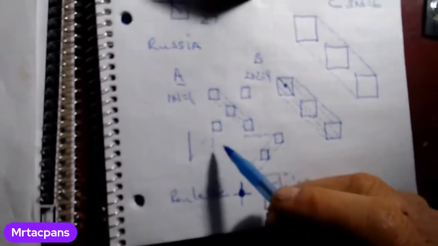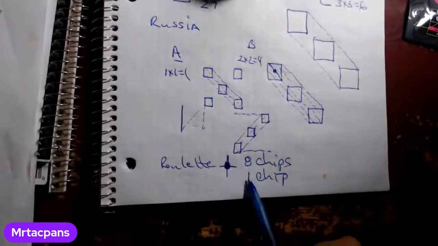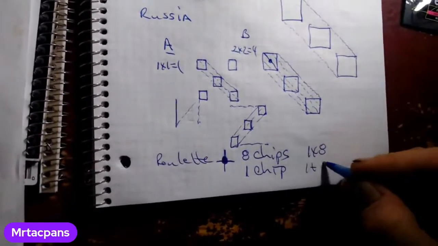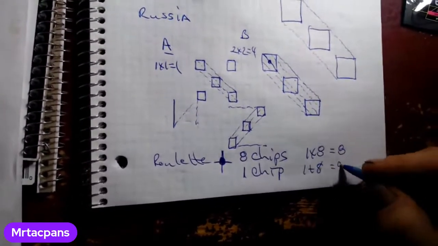This is the N backwards, but the Z is okay, but not the N. I'm just saying that because that's where I noticed it in the Russian language. I don't know what you call the language, but that's the 8 plus 1. 1 times 8, 1 plus 8 equals 9.